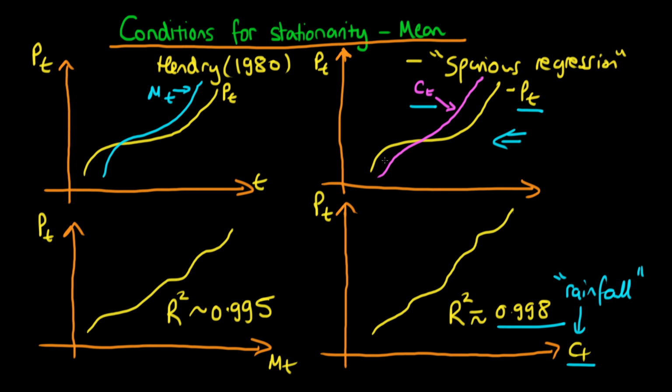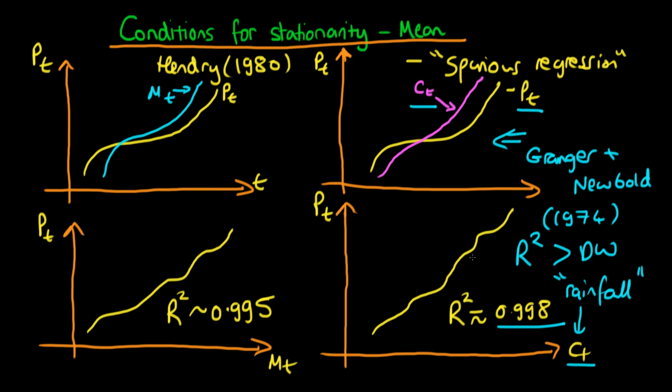Granger and Newbold in 1974 came up with a relatively good, I wouldn't call it a test, it's more of a rule of thumb, for diagnosing whether your model actually has spurious regression going on. The idea was that if you have an R squared which is greater than your value of the Durbin-Watson statistic, then that is very indicative of the fact that you may have a spurious relationship.